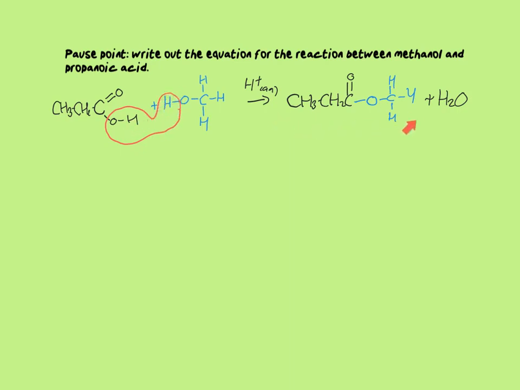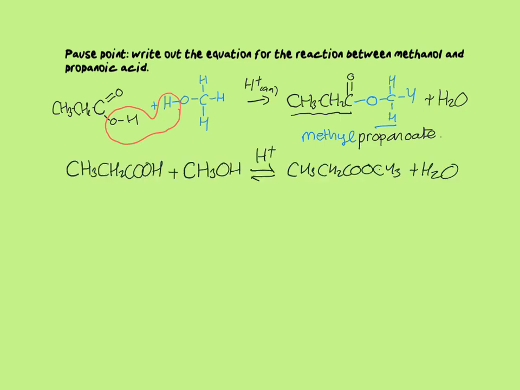The name of the resulting ester is derived partly from the alcohol. In this case it's methanol, so this is methyl, and then the second part of the ester is named from the carboxylic acid, which was propanoic acid, and the salt of propanoic acid is propanoate.